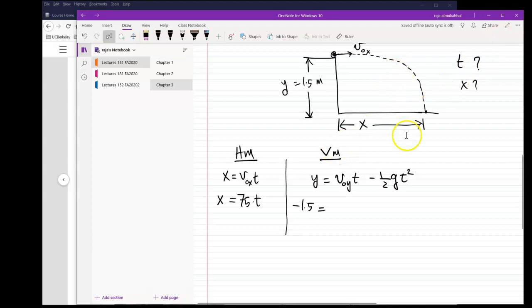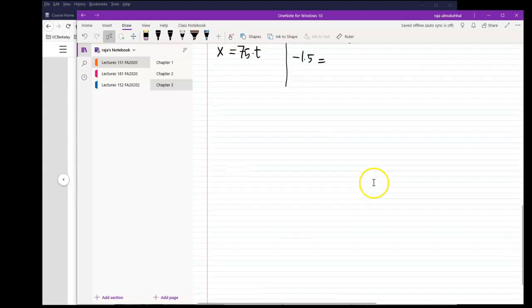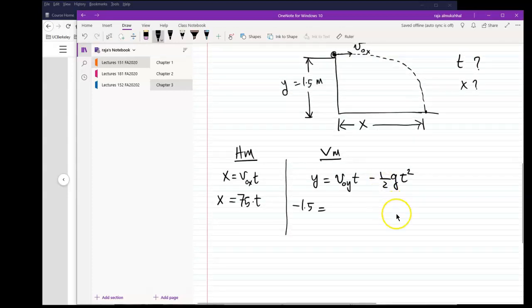Well, we just said V naught y is 0. Why? Because he said the ball was thrown horizontally, and therefore, let me write it down again here. V naught y is equal to 0. This is given to us in an indirect way. So in this case, this whole thing goes to 0. So I'm left with negative 1/2 g t squared.